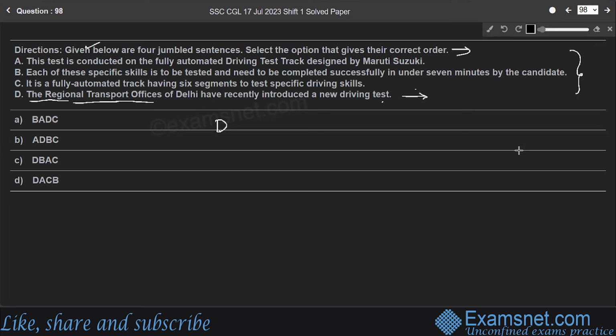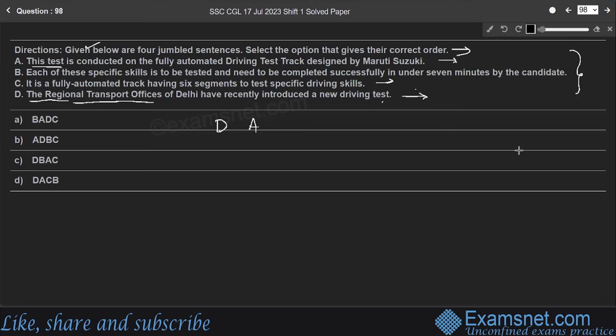Next comes sentence A. Sentence A explains about the test: this driving test is conducted on the fully automated driving test track designed by Maruti Suzuki, right? Therefore, sentence A comes after D. Next comes sentence C: it is a fully automated track having 6 segments to test specific driving skills.